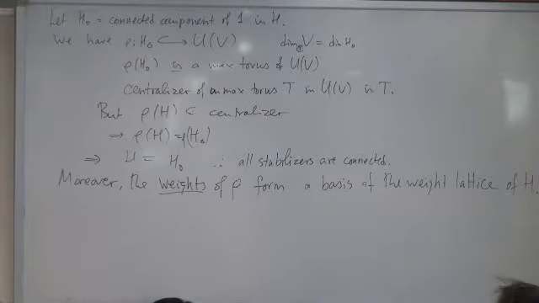This is weight 1. If I have an action of T^n on C^n, the weights are 1, 0, 0; 0, 1, 0; 0, 0, 1, and that's a basis. So this basis is being picked for us by the representation.